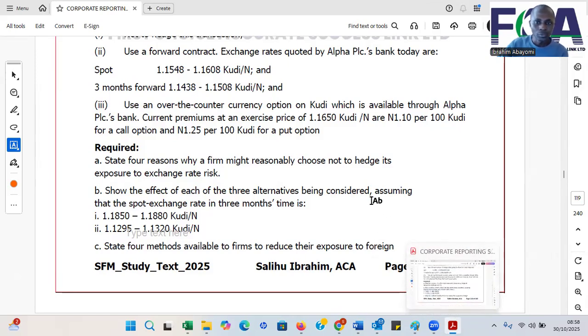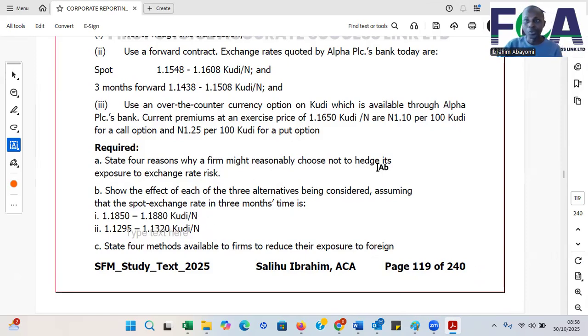Look at the rates. Normally we say put option, option to sell. You are selling the kudi to get naira. But what is the price? The price is also in kudi.